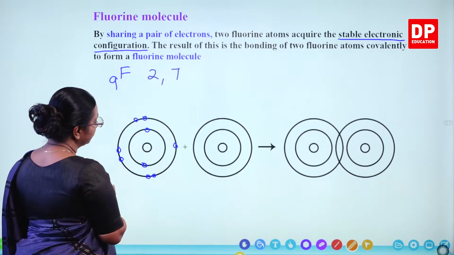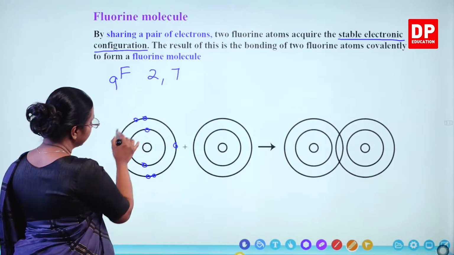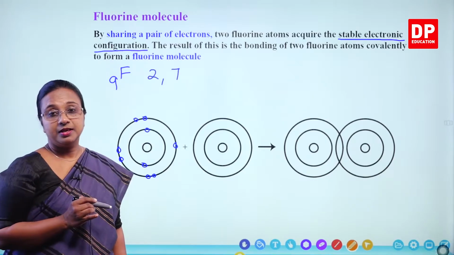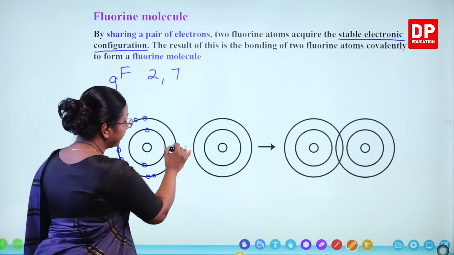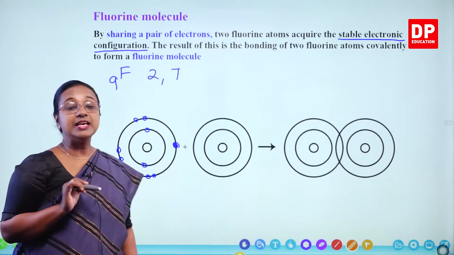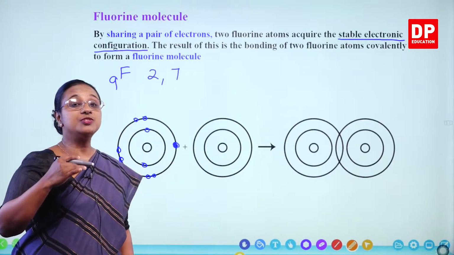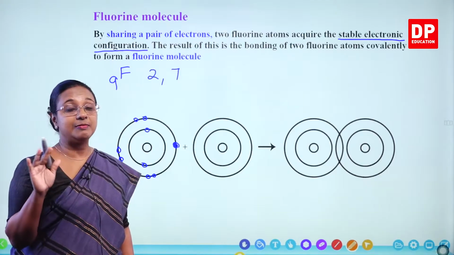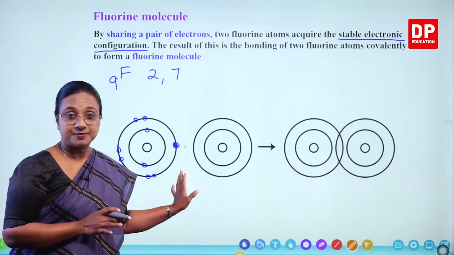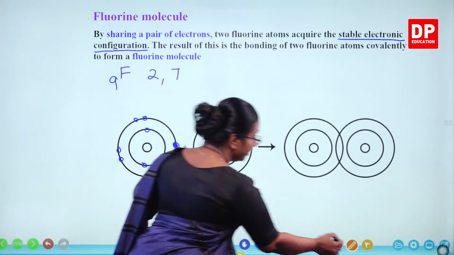And out of those 7 electrons, can you all see, these 3 electrons are paired. And there is 1 electron that is just a single electron. If that also gets another electron, it will become paired and they will be like a noble gas. Same goes for the second fluorine.